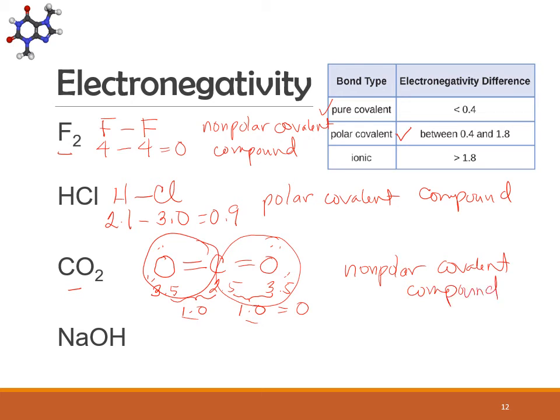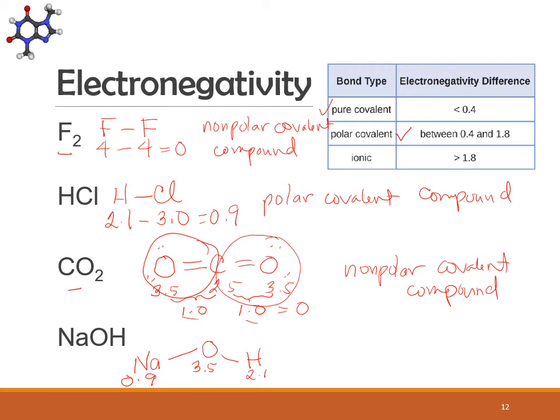Then we have NaOH. We can represent it as sodium bonded to O bonded to H. The electronegativity value of sodium is 0.9. That of oxygen is 3.5 and the value of H is 2.1.